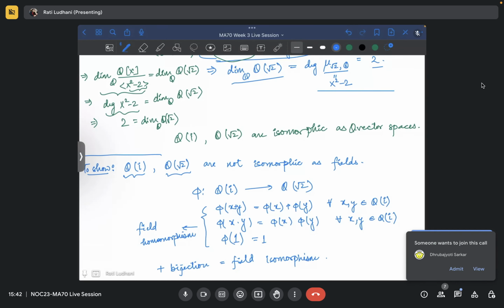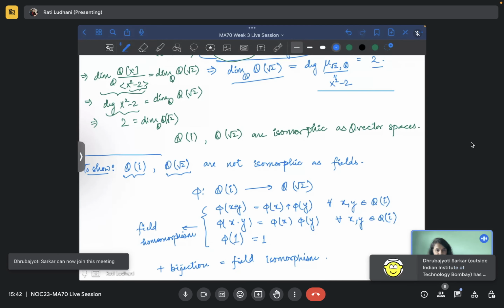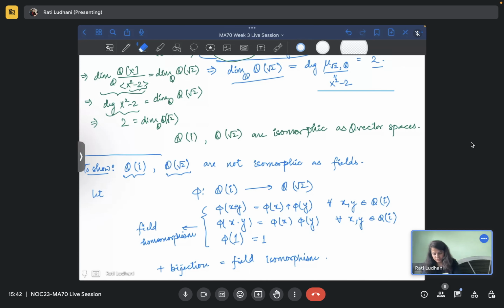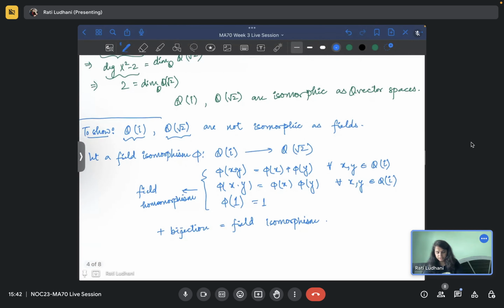Or rather, we will try to get a contradiction. So I am just doing here, let phi be a field isomorphism. Okay, so you have this much information.